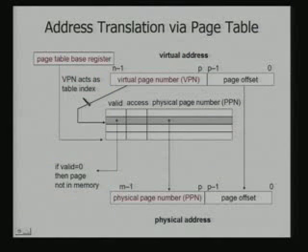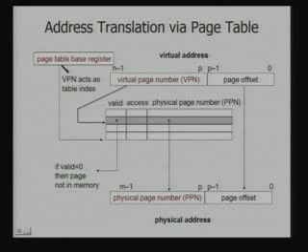In more detailed form, we have this kind of a structure. This is my virtual address or logical address. I have a virtual page number, which is part of the logical address, and this is the page offset. I use this virtual page number to access a location in a page table. Now, there is a page table base register.